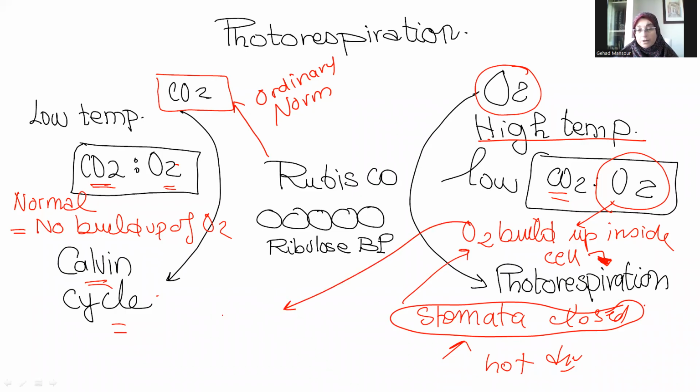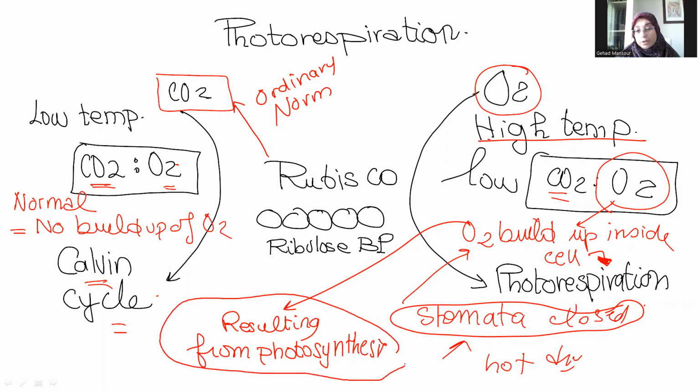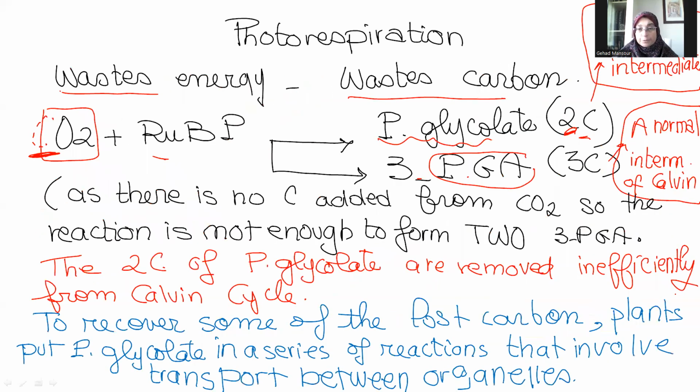Where does this oxygen come from? This oxygen results from photosynthesis that continued despite the partial closure of the stomata. So when oxygen builds up, we shift to another process, which is photorespiration.